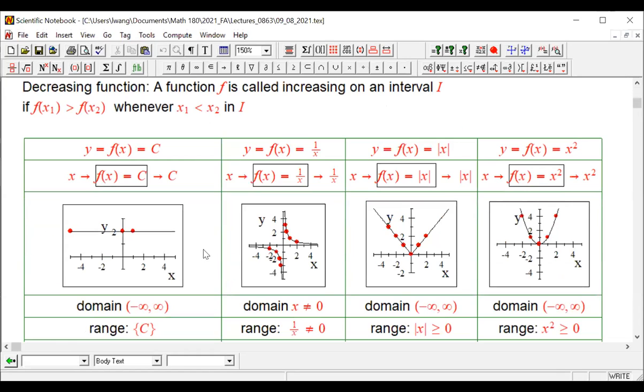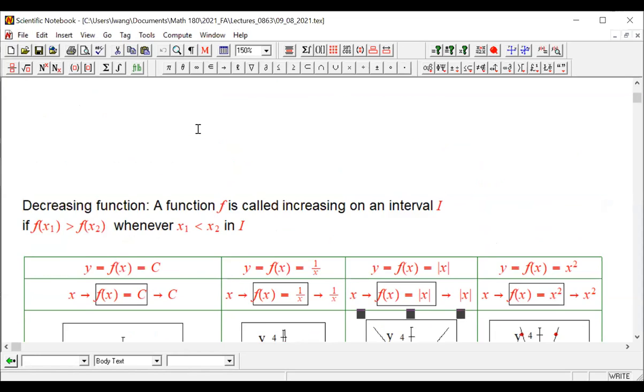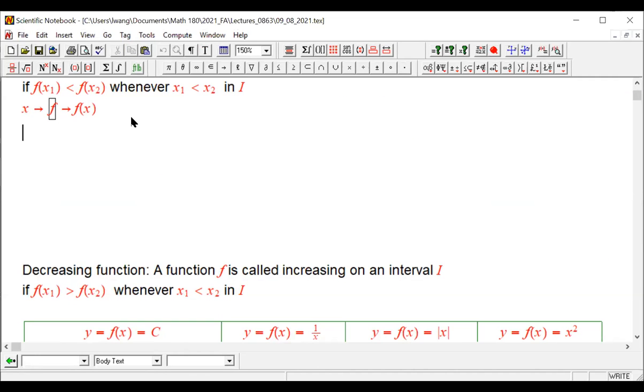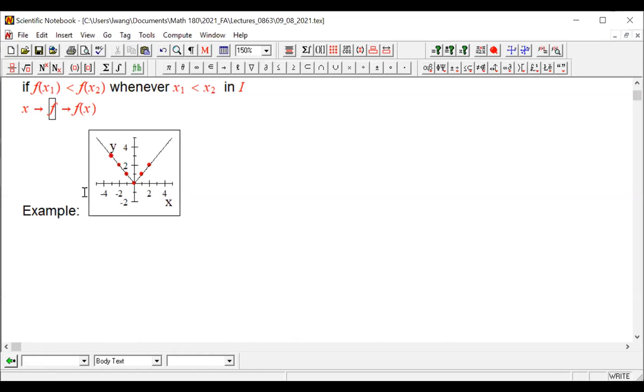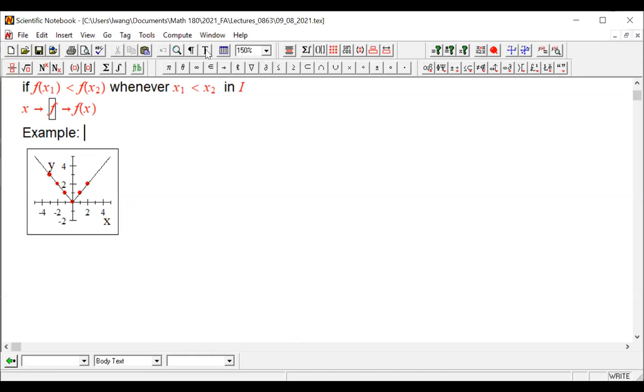Take an example. I'm going to take this example. Example: a function which you could call f of x equals the absolute value of x.